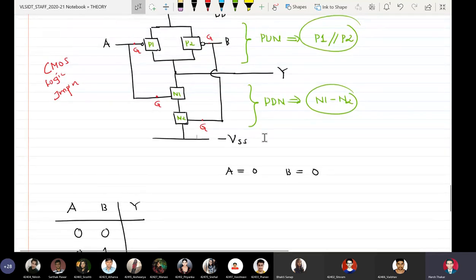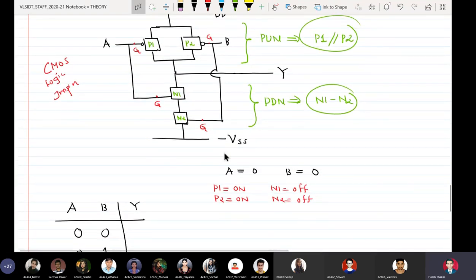So A equal to 0 and B is equal to 0. From this we can actually write down the statuses. For A equal to 0 and B equal to 0, the status will be P1 equal to on, P2 equal to on, N1 will be off, and N2 will be off. So we see here in the pull-up network, both the switches are short circuited.